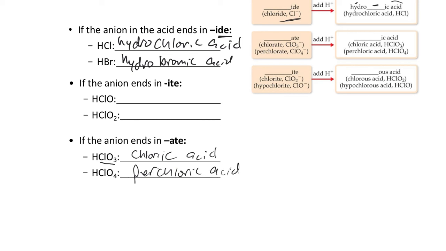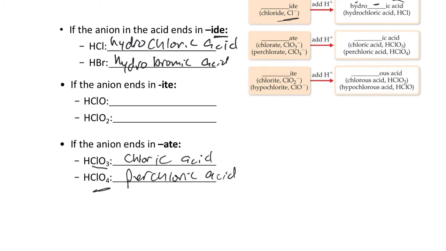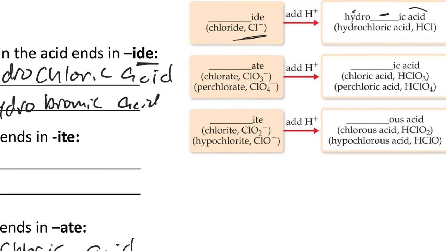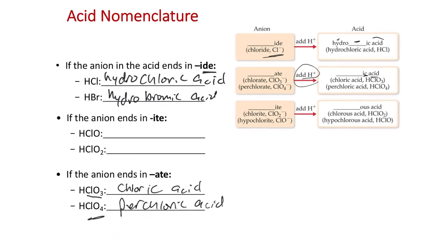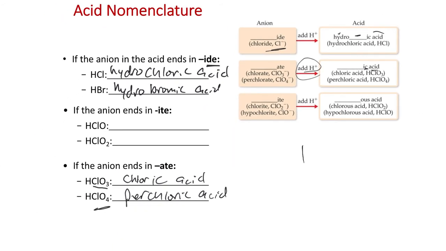So you're just looking, what's the anion name? So chlorate, perchlorate, add H+, neutralize the charge to its acid form. Then we call that ic acid. So chloric and perchloric acid. And so H2CO3, carbonate with H+ added, is carbonic acid.